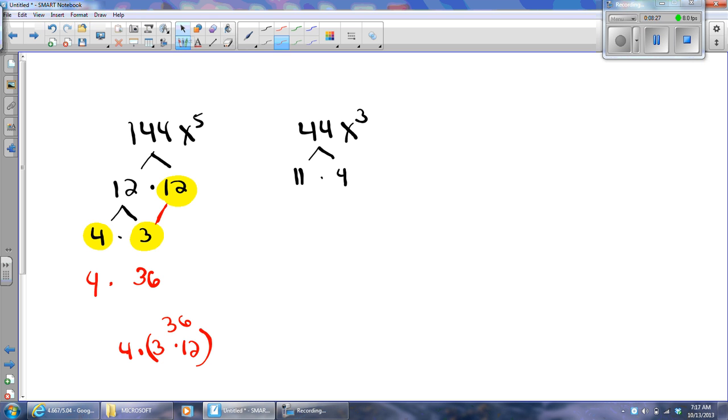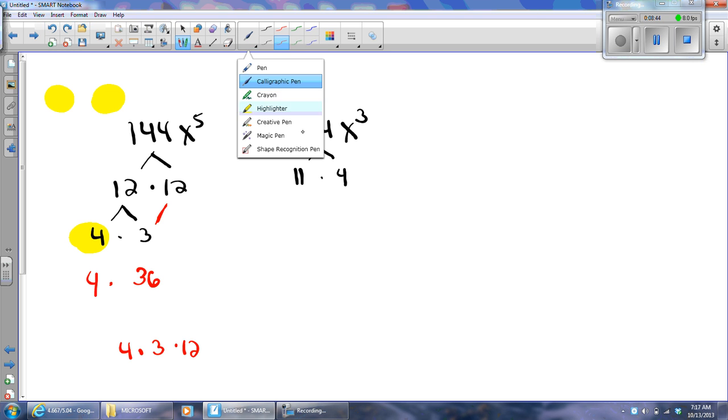Okay, this is a very important skill when trying to determine the greatest common factor. So now, as I look here, I see I have a 4, and over here, I have a 4 as well. Whoa, what was that?